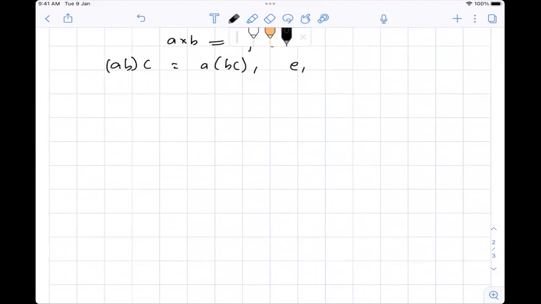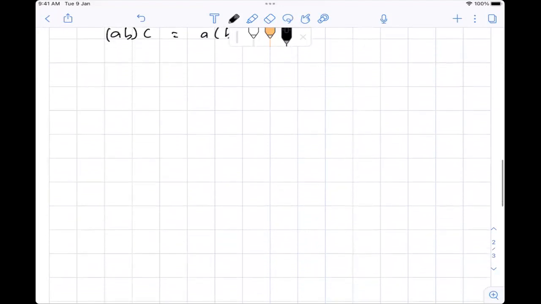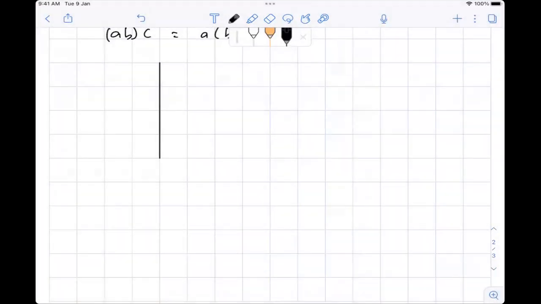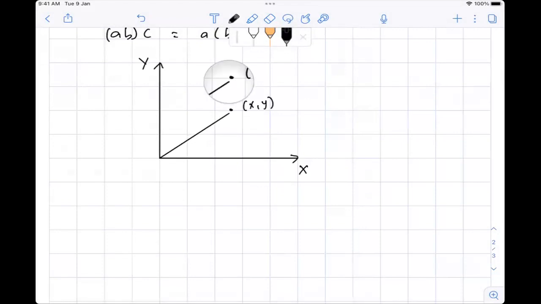Okay, so let me say a few more words about this one, the rotation group. Let's say this is the XY plane, the usual Cartesian plane, on which you have x comma y as a point, and I'm denoting it by this vector.